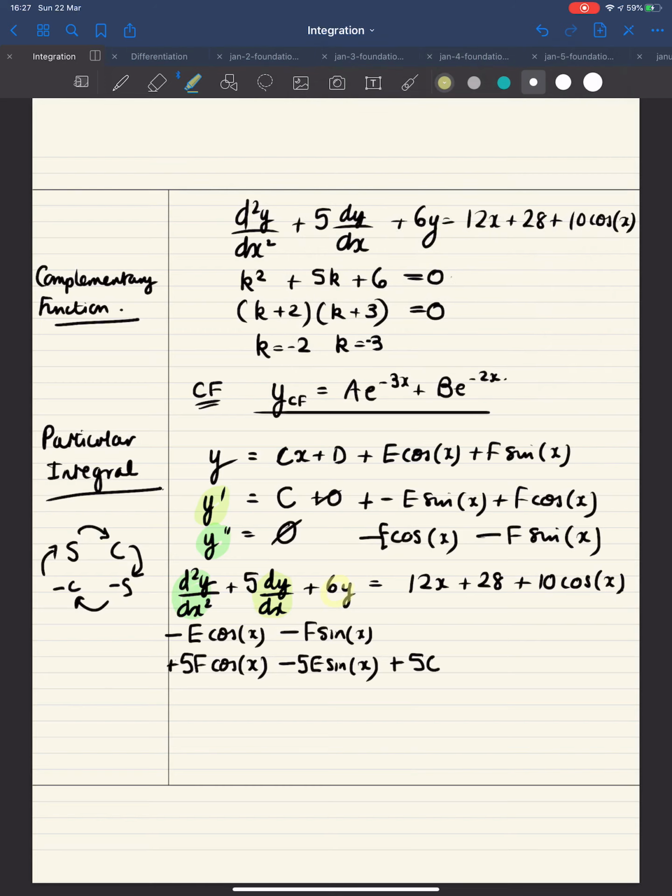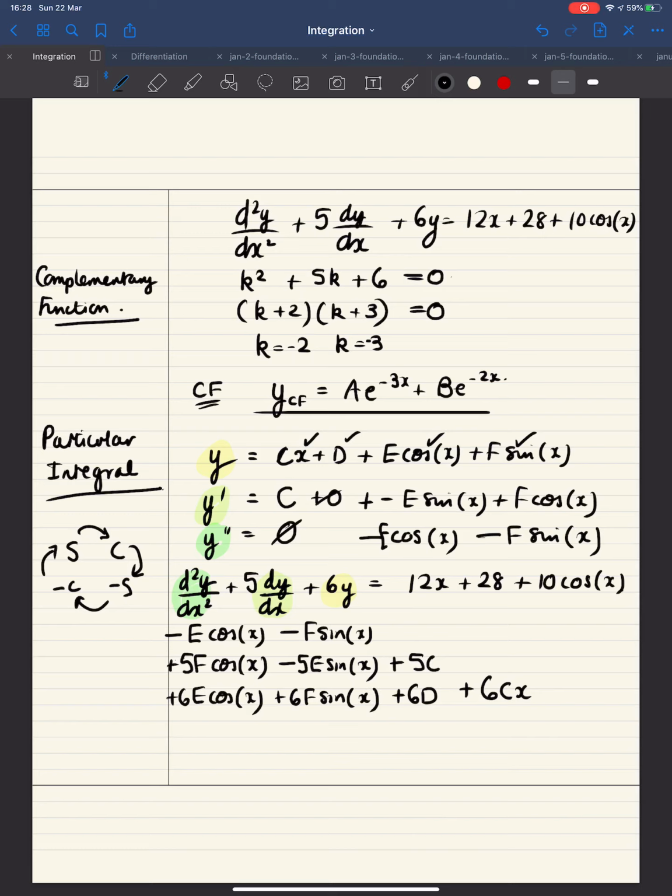And let's do another one. The last one we need is 6 y's, so it's 6 of these. So 6 is in front of all these and put into the right places here. So we've got 6 plus 6cx, which is that one, plus 6d, plus 6e cos x, there, plus 6f sine x.